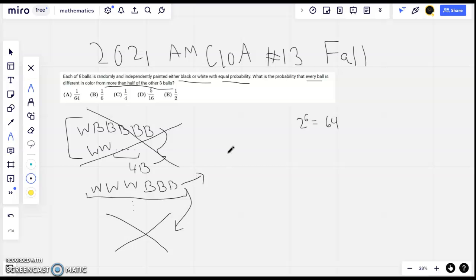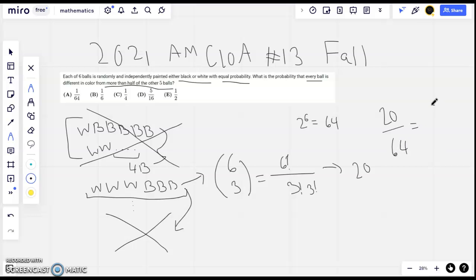So the total number of arrangements is going to be 6 choose 3, which is 6 factorial over 3 factorial, 3 factorial, which gives 20. So our answer is 20 over 64, which is 5 over 16. So our answer is D.